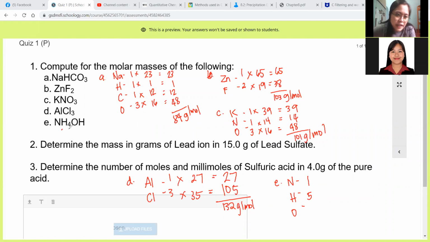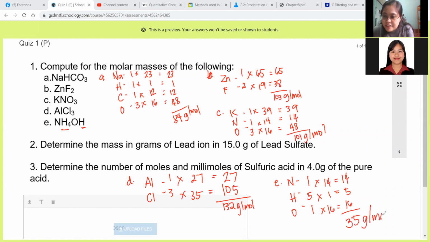You have 4 here and another 1 sa last and 1 oxygen. So all in all, this is 35 grams per mole. Okay. That's for number 1.